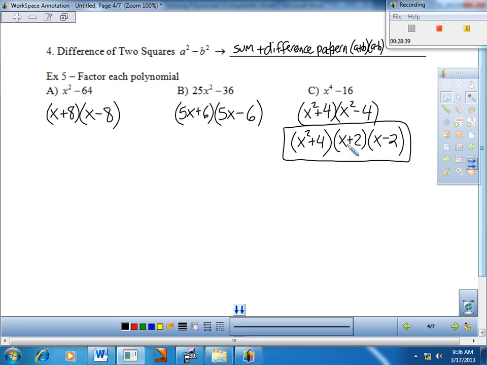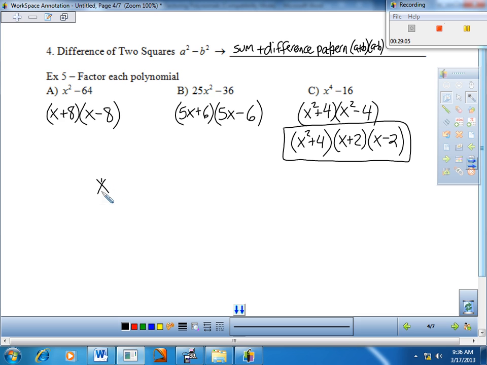So quadratic times linear gives me quartic. So I hope that makes pretty good sense, and just always look to go further until what you have can't be factored anymore.